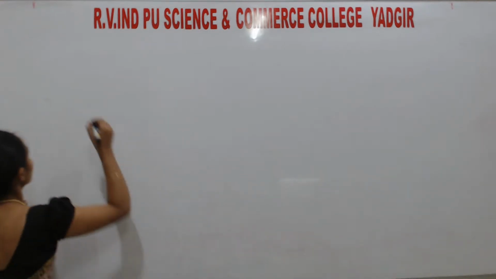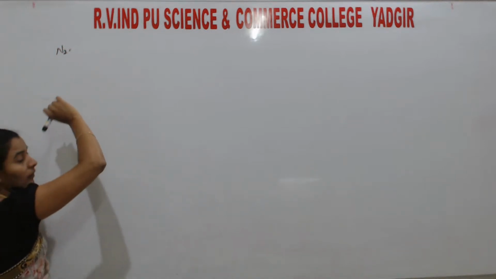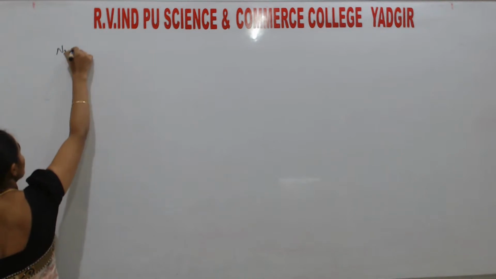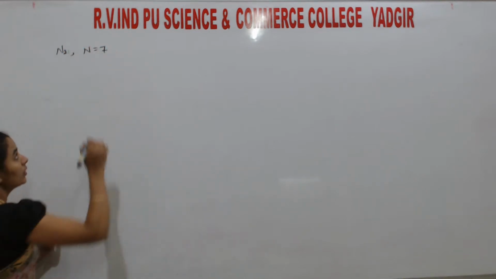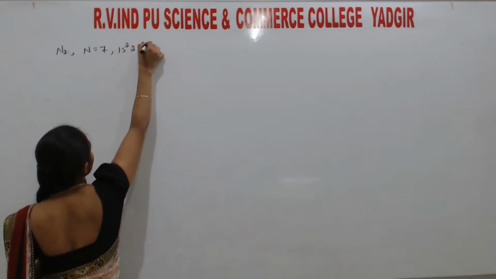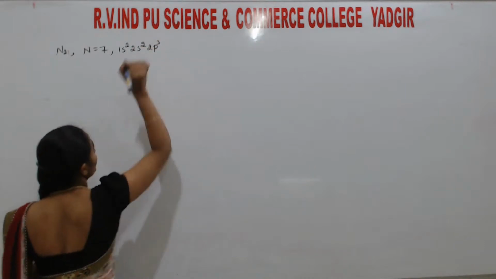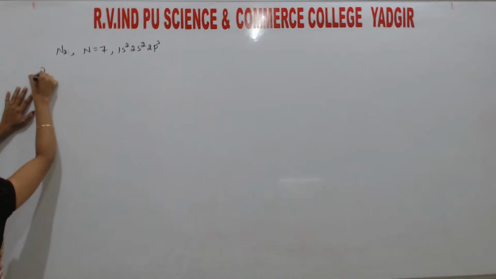Okay. So listen. The next one is the N2 molecule. For each nitrogen, the number of electrons is 7. So the configuration is 1s2, 2s2, 2p3. The first one is what? Configuration.